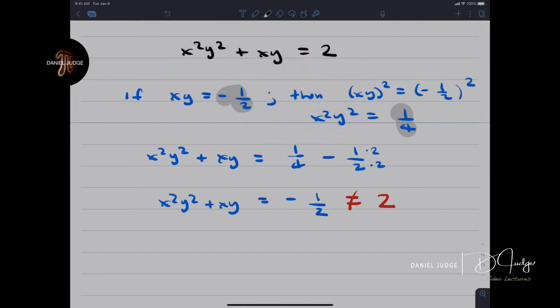This is the curve they gave us, and the sum is supposed to equal 2.